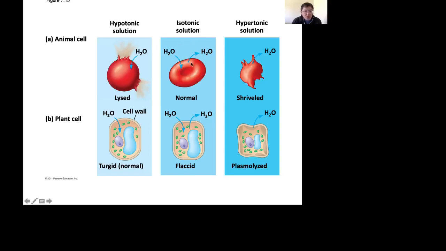Because the isotonic solution will not cause the red blood cells to gain or lose water. However, if we make a mistake and give the patient a hypotonic solution, guess what?